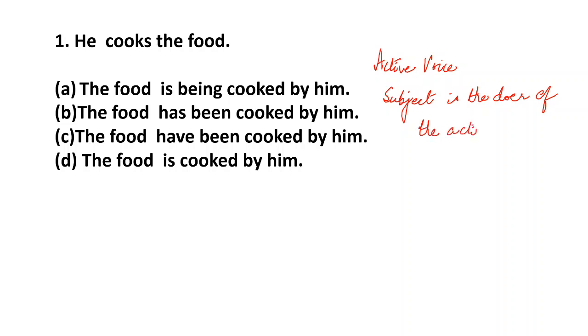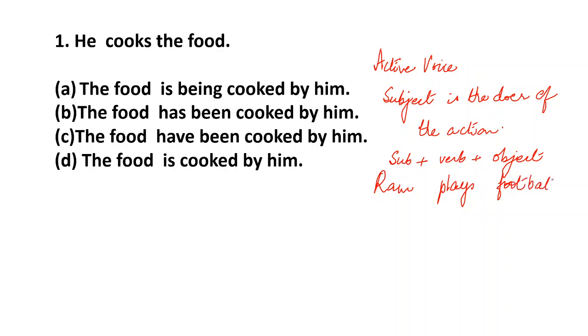In a sentence, what do we have? Subject plus verb plus object. Take the sentence: Ram is the subject, plays is the verb, and football. Ram plays football. This is in active voice.